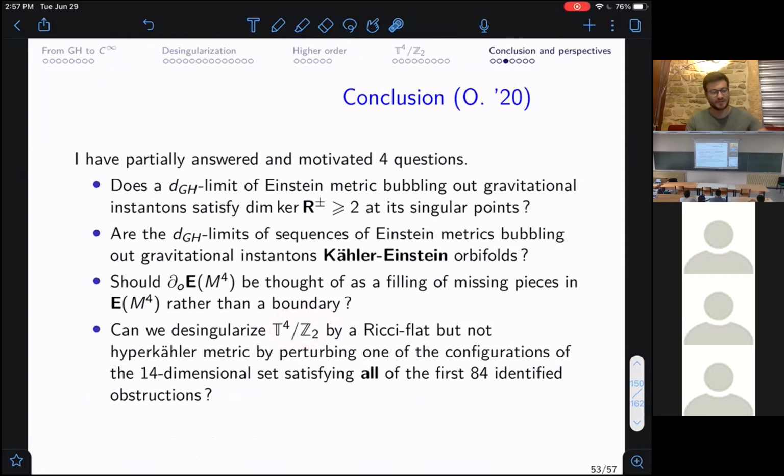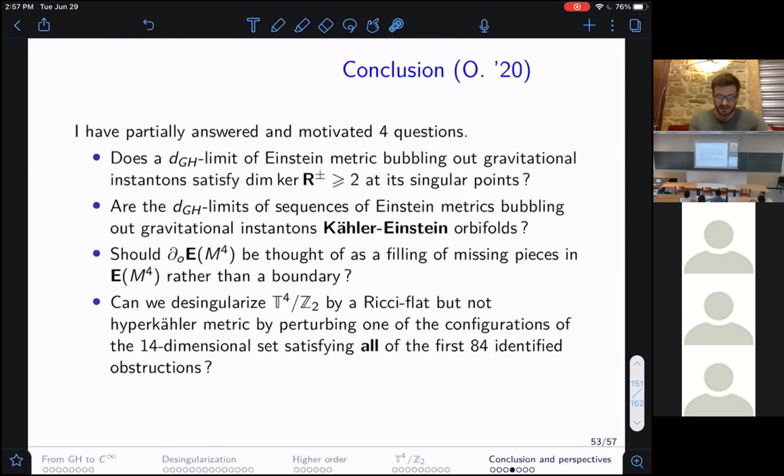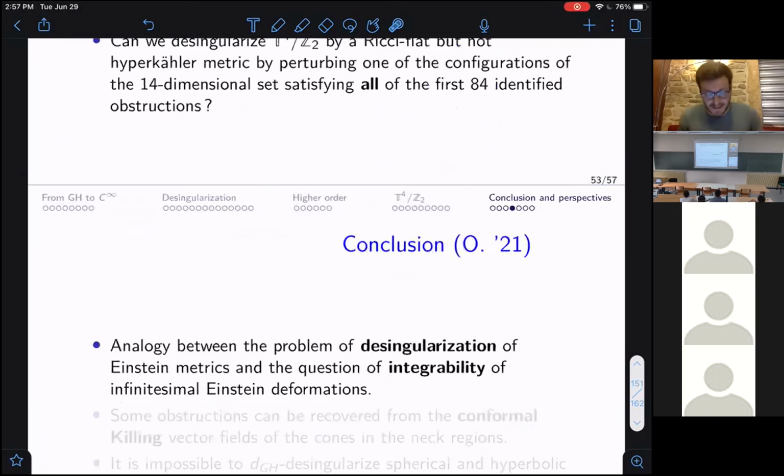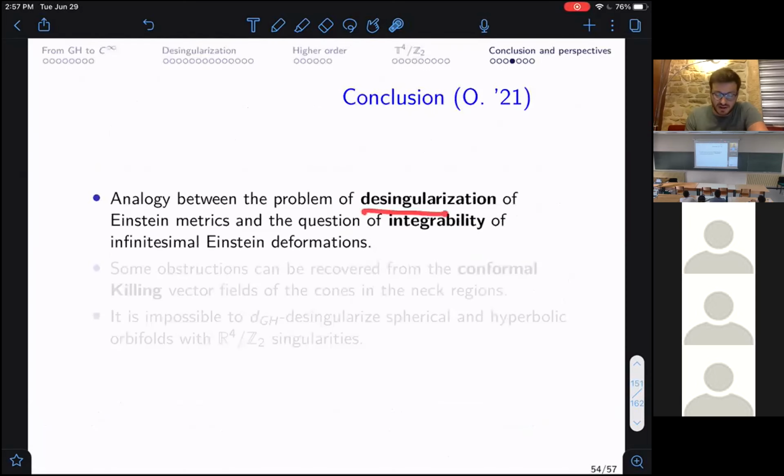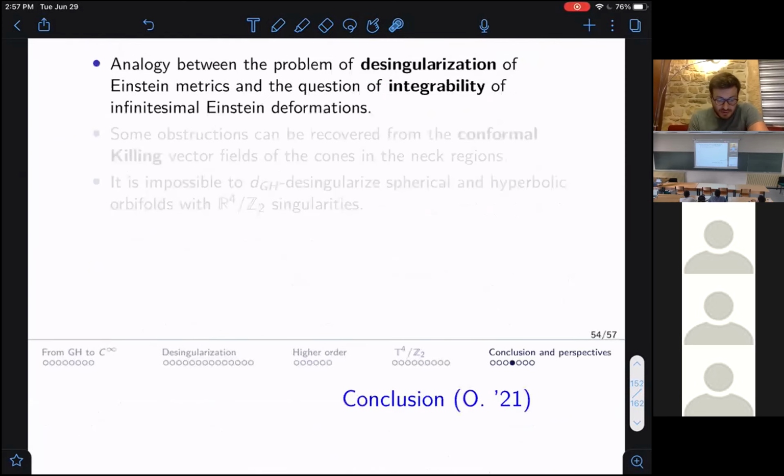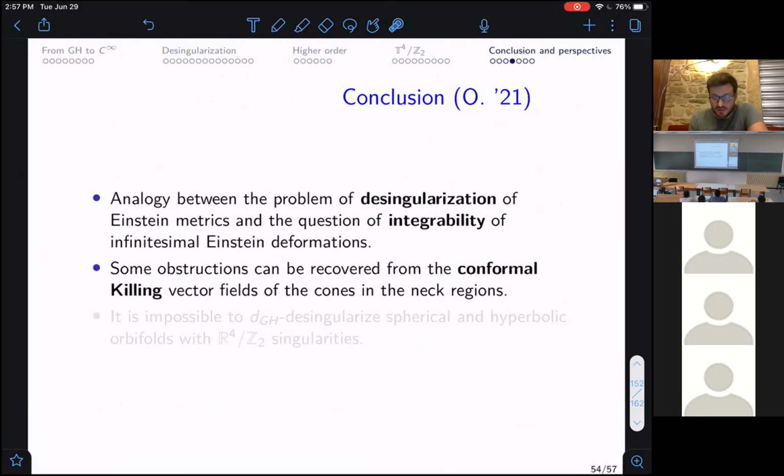So that's the results from last year. And this year, I used the analogy between desingularization and integrability of deformations. And this let us recover many obstructions from conformal Killing vector fields of the cone. So in your neck regions, what's happening is that your Einstein metrics, which are desingularizing an orbifold, are really perturbations of a flat cone.